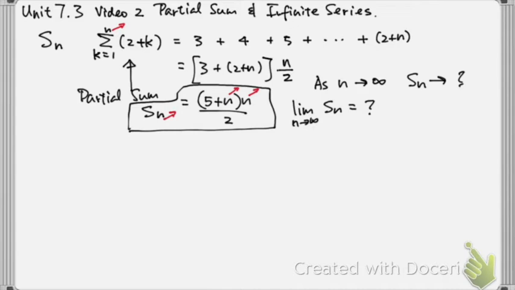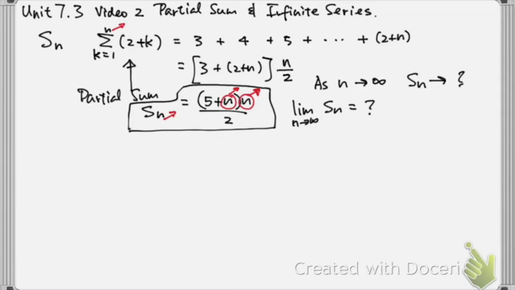So let's examine in this particular case, when n increases to infinity, what happens to S sub n? Well, S sub n is equal to (5 plus n) times n divided by 2. If these numbers that I highlighted in red approach infinity, does S sub n converge to any kind of finite number?